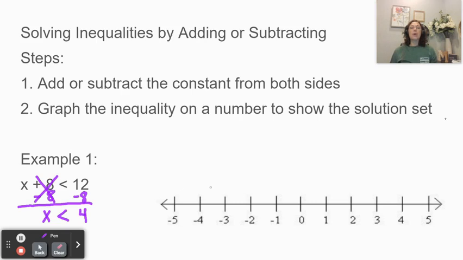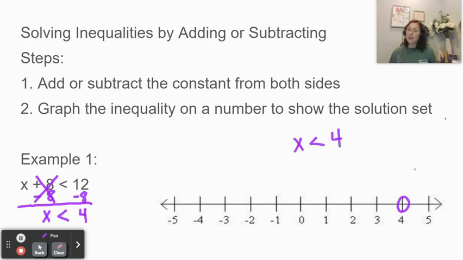Now we're going to graph that on the number line I have here. At 4, I need to ask myself, is this an open circle or a closed circle? Remember, because we do not have the equal to underneath that inequality, we're going to put an open circle at 4. Notice how I draw it just as an open circle. And then I'm going to shade numbers that are less than 4. Remember, that's what our inequality was: x is less than 4.